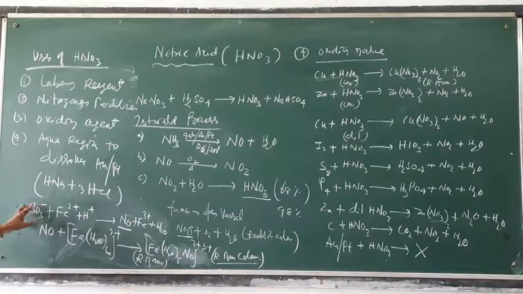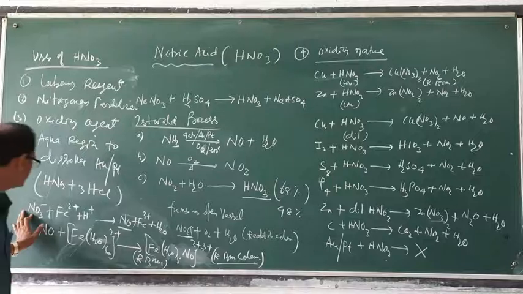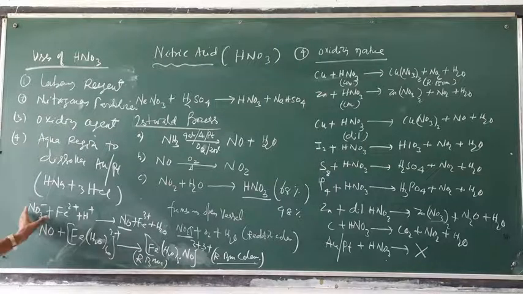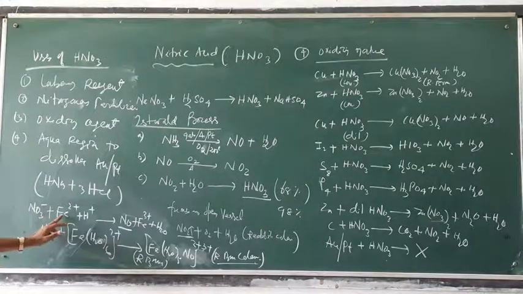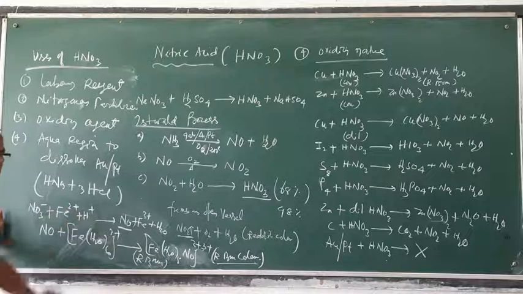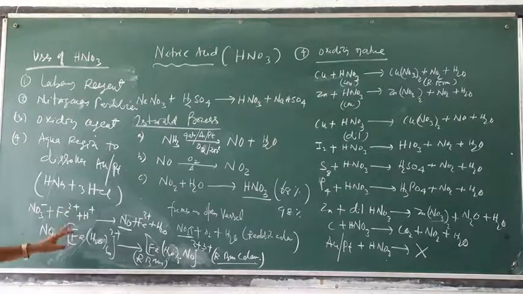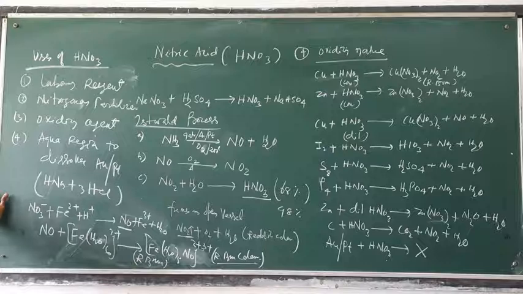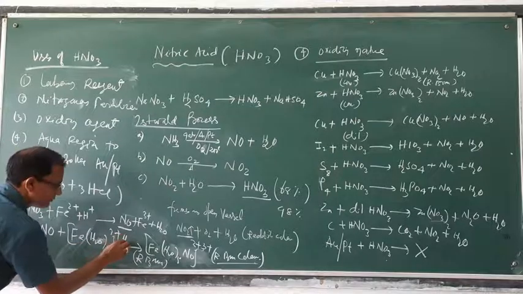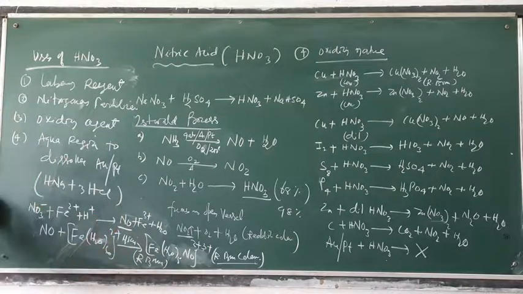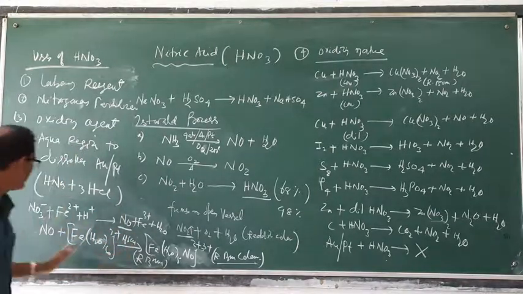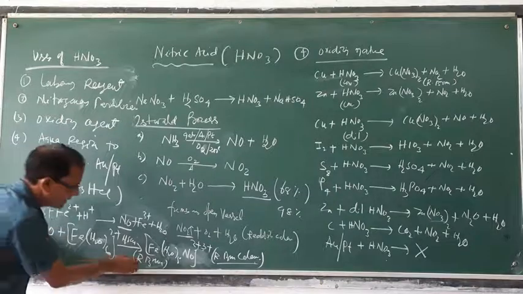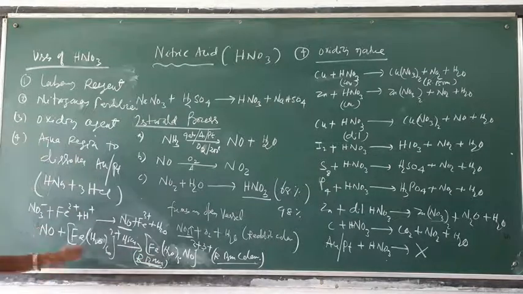That's why if nitric acid or any nitrate ion is available in the solution, when you first add ferrous sulfate solution followed by sulfuric acid, it is converted to the reddish brown colored complex that you have seen.